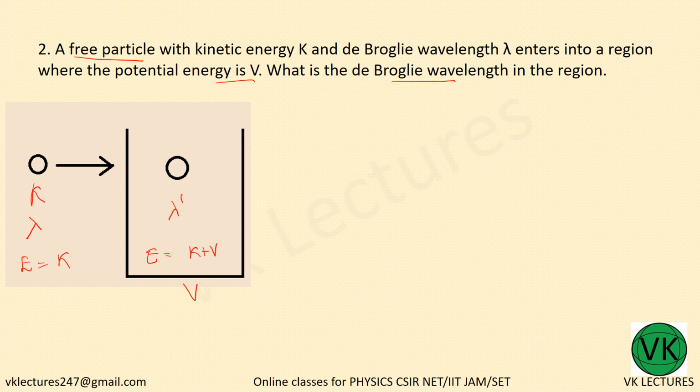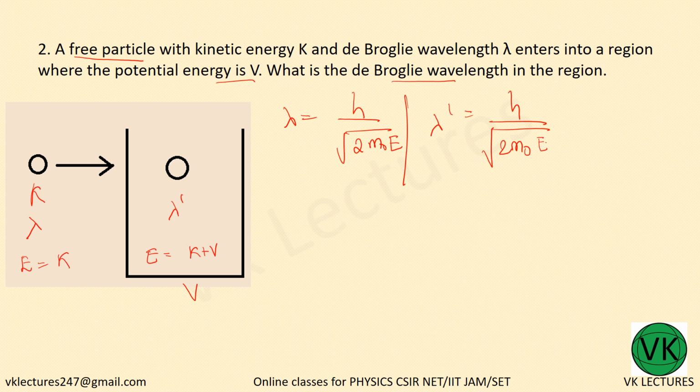Now here lambda is equal to h divided by under root 2 m naught E. Now lambda dash is equal to h divided by under root 2 m naught into E minus V. Now bring this E outside, so this will be h divided by root 2 m naught E into 1 minus V divided by E. And what is this particular quantity, h divided by root 2 m naught E?